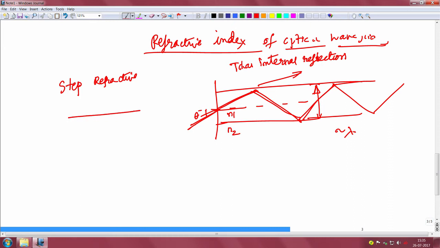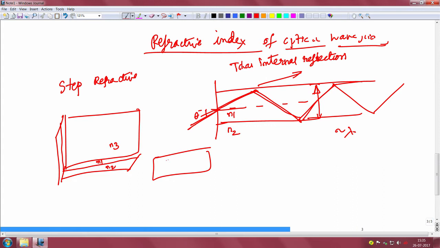As a simple example, you can consider an optical waveguide where you coat a thin layer of another medium of a higher refractive index compared to the substrate, and above is the air. So, n1, n2 and n3: this is the substrate, this is the film and this is the air, and the refractive index is constant in each of these regions. Such a refractive index variation of the waveguide is called the step refractive index, and the waveguides are called step index waveguides.